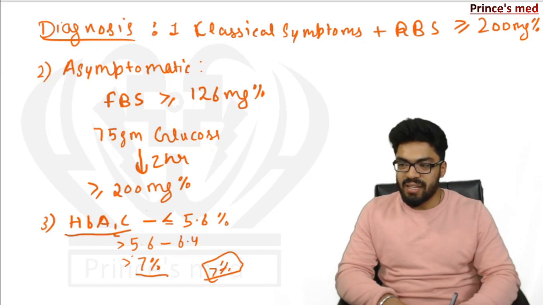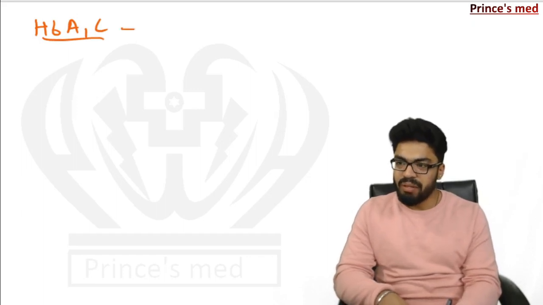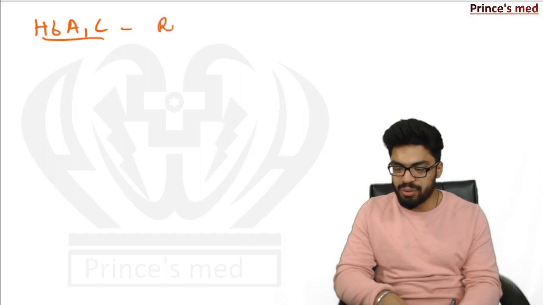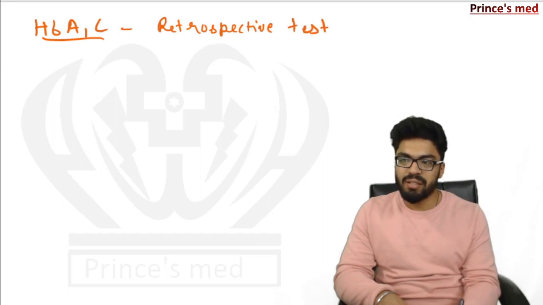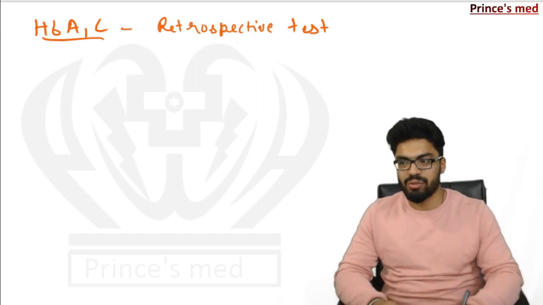And this test, HbA1c, is the best test for diabetes diagnosis because it is a retrospective test, meaning it gives us older values of glucose also.